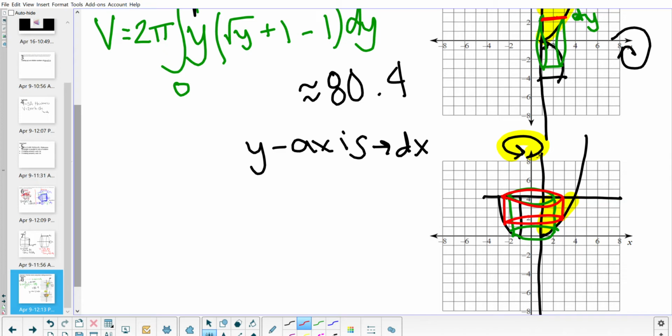So the volume of this would be, now we're in terms of x, still 2 pi. In terms of x, that shaded region goes from the x value 1 to the x value, where do they intersect? I don't know if we figured that out.